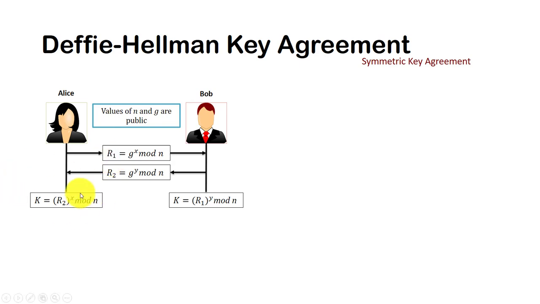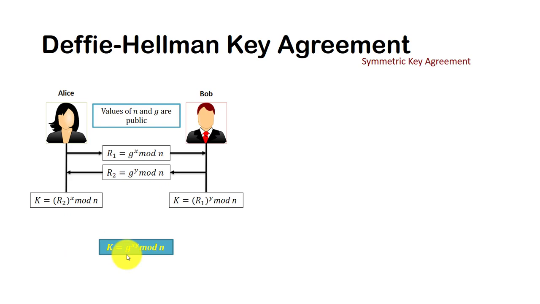Now if I evaluate these two values, then you will find that r2 is g to the power y mod n. So if I replace r2 by g to the power y, then to the power x, the key comes out to be g to the power xy. And similarly, the key calculated by Bob with r1 to the power y, r1 is g to the power x, so g to the power x to the power y is equal to g to the power xy. So both will agree upon the same value, that is k.